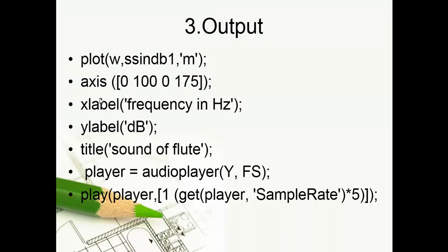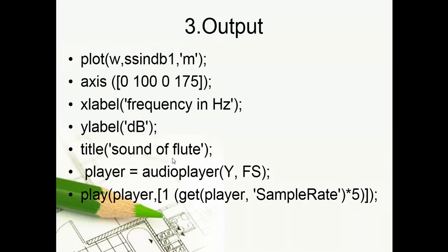Okay, this is the axis handler. So x limits are from 0 to 100 and y limits from 0 to 175. This is the x label, so we are labeling the x axis as frequency in hertz, and the y label as decibel. This is the title of the sound. It is titled sound of flute because the wave file I read is the flute sound.